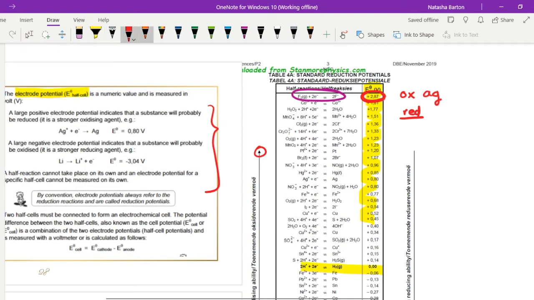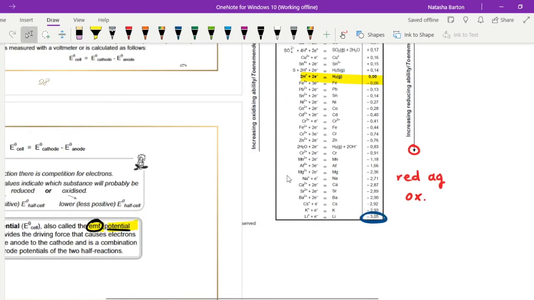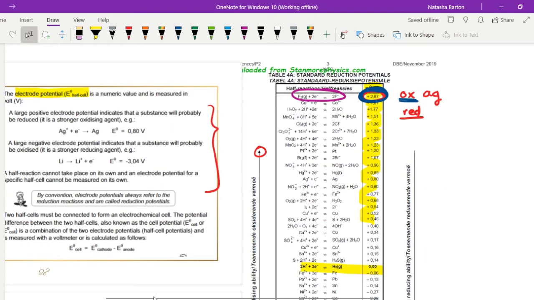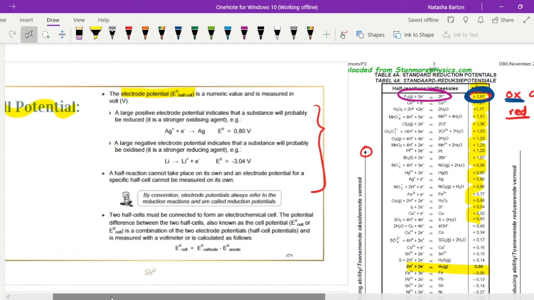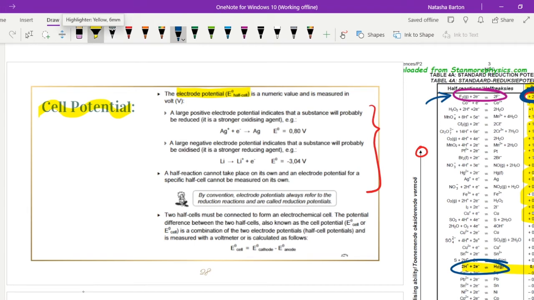So a big positive number is a good oxidizing agent, and a big negative number is a good reducing agent. Those are the trends that they speak about here. Understand again, none of these reactions can take place on their own. We connect them to the hydrogen half cell in order to get the electrode potentials. That is very, very important.